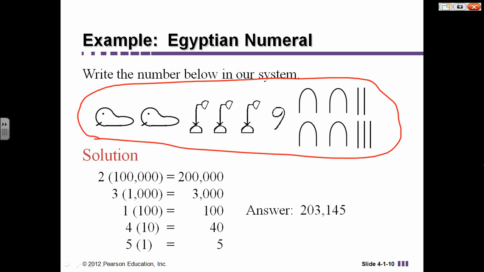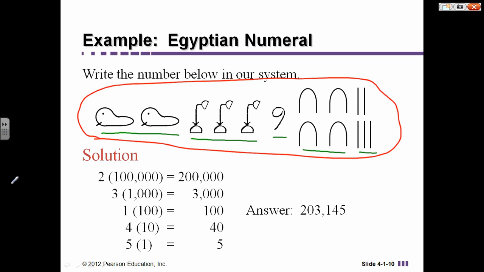So we'll start with the burbot fish, and the burbot fish are 100,000 each. Then we have the lotus flowers, which are 1,000 each. Then we have the scroll, that's 100 each. Then we have the heel bone, and the heel bones are 10 each. And then we have the single tally marks, which are 1 each.